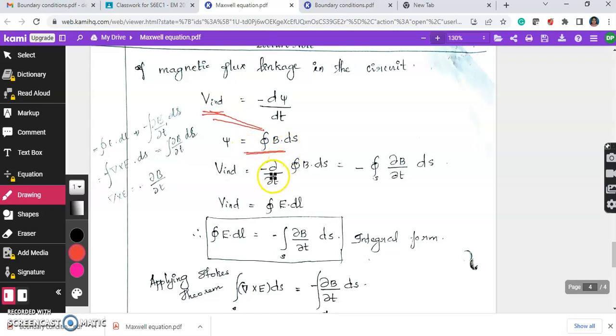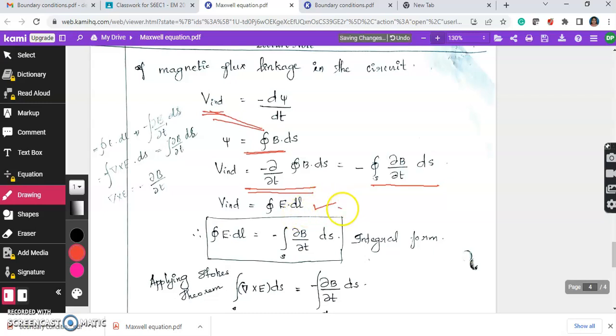Therefore, if you substitute for psi, I can write V induced is equal to minus d by dt of surface integral B dot ds. Or if I change the order of integration and differentiation, I can write minus surface integral dou B by dou t ds. And therefore I can write V induced is equal to line integral E dot dl. This is actually the definition, by general definition.